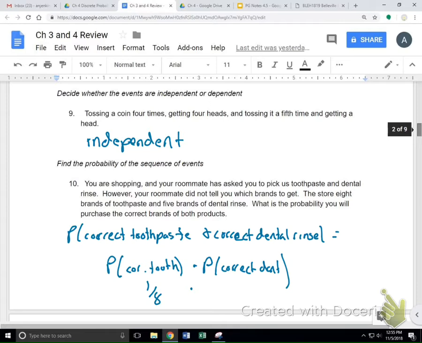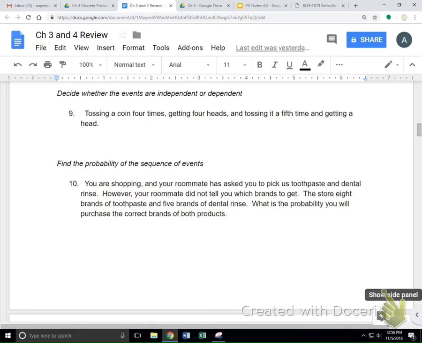And the correct dental rinse is going to be 1 over 5 because there are 5 of those. We multiply those together and we end up with 0.025.